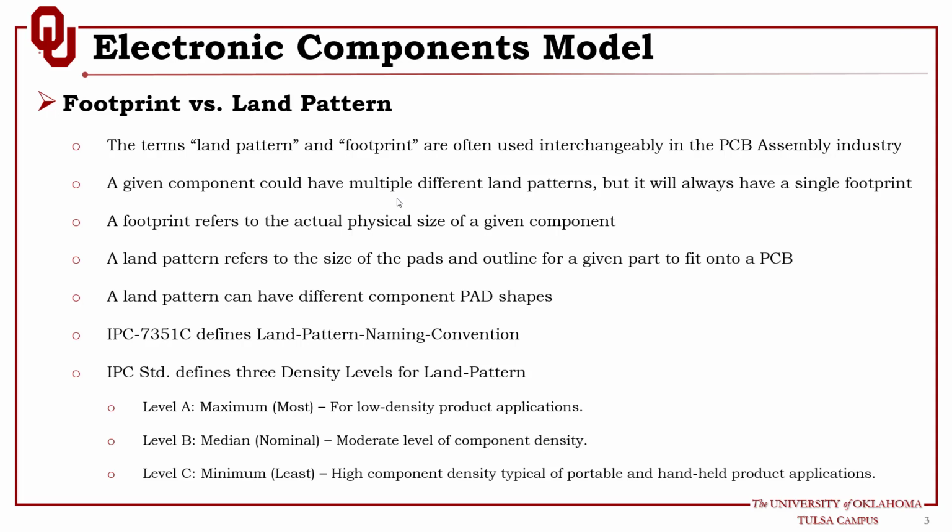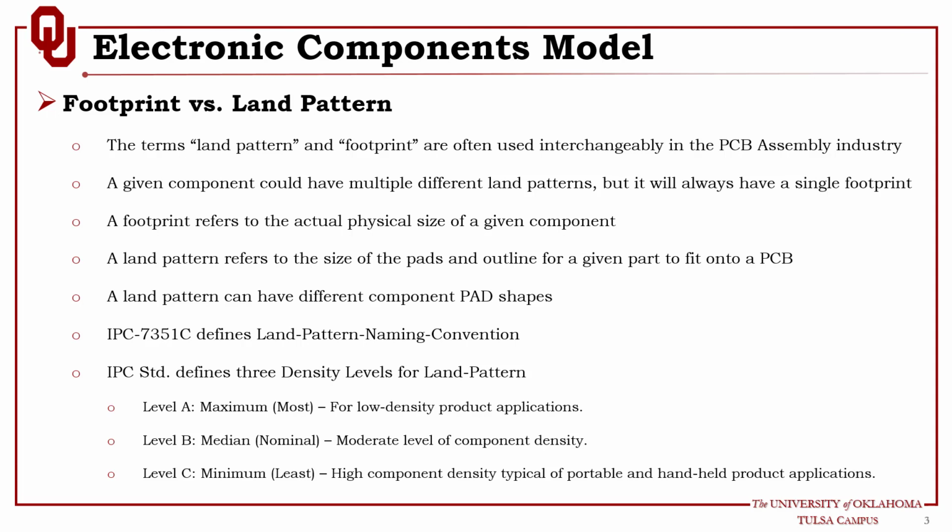You have the high density, low density, and moderate density, and we'll talk about that at the end of this slide itself, so we can see it in here. That's what is meant by a single footprint having multiple patterns, but it will always have a single footprint. A footprint refers to the actual physical size of a given component. It's basically the component you see.